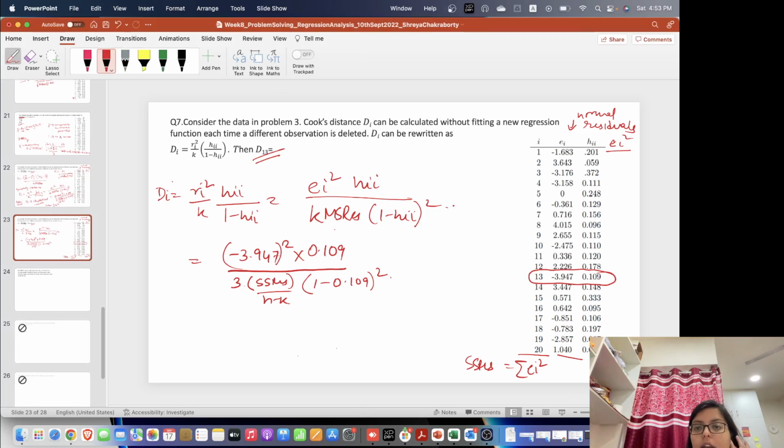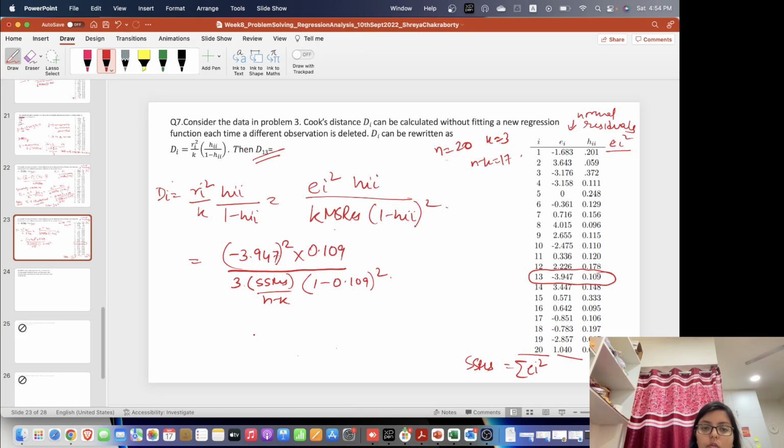And here n we have equal to 20. And k we have 3 normal equations, so k will be 3 unknown parameters, and df for this thing is n minus k equal to 17.